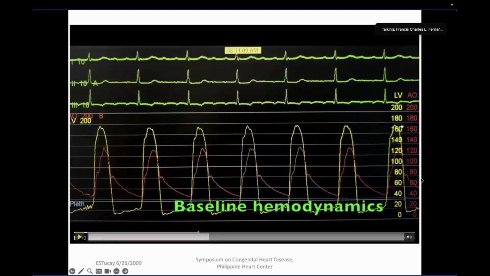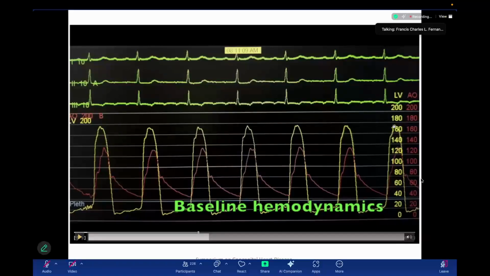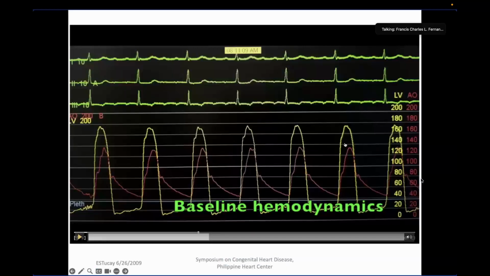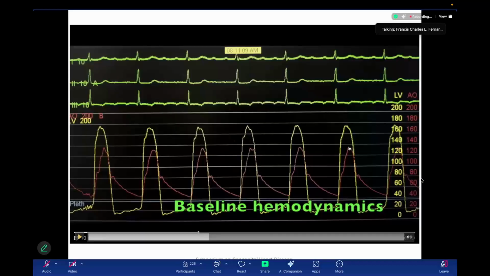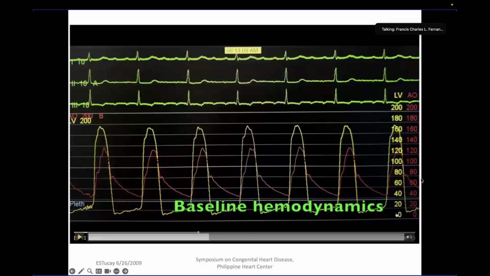So we can see on the scale here, the blood pressure inside the left ventricle is 160/10, more or less, no? And then when the catheter is pulled out into the aorta, the blood pressure is 120/40. Okay, so that's an example.